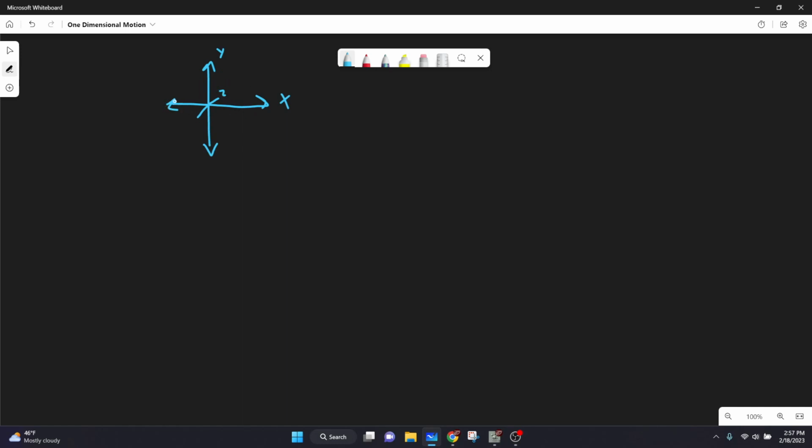But in our case, we're only concerned with 1 dimension, and for most of these examples, we'll use the x-axis. And so if you think about it, you can't be turning or changing directions other than going left or right. Otherwise, you'd be moving along another dimension. So all of our examples are 1 dimension.